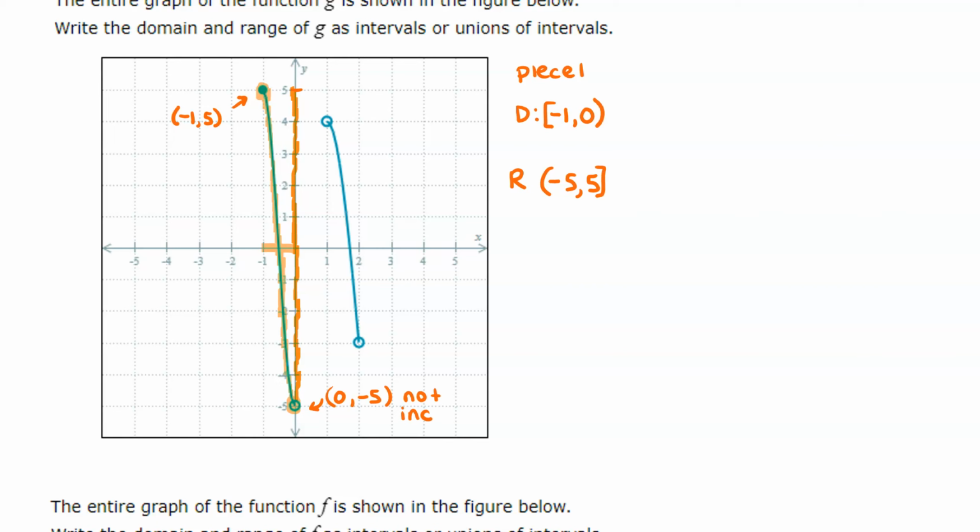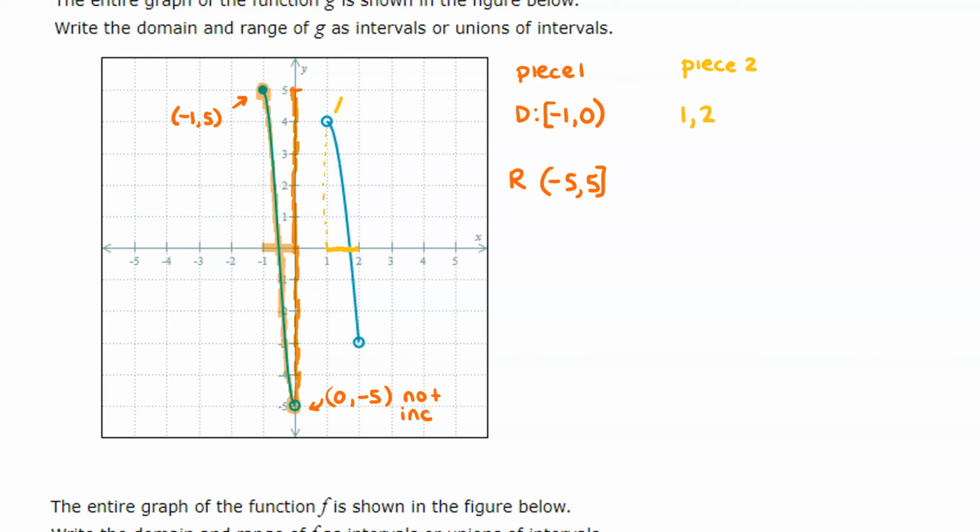Now let's look at the second piece. We're looking left to right. The second piece starts at 1, and it goes to the right until 2. So for the second piece, the domain will start at 1 and go to 2. Now we have to decide whether the 1 and 2 are included or not.